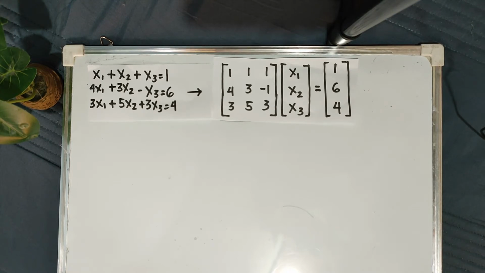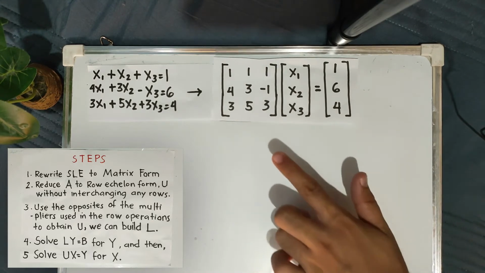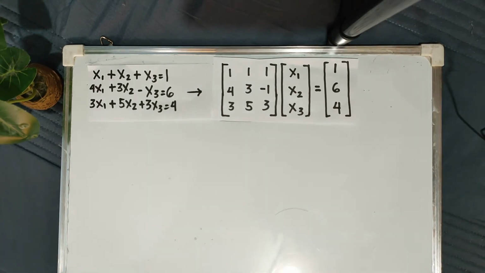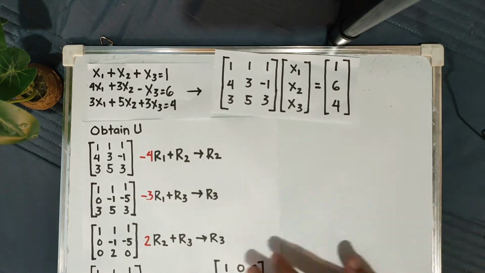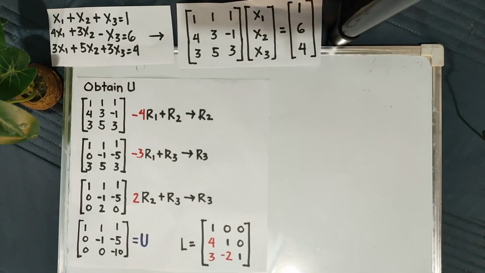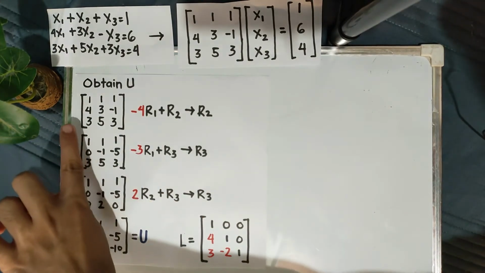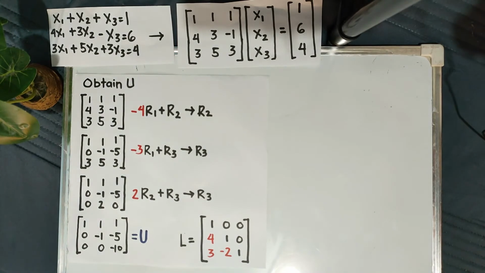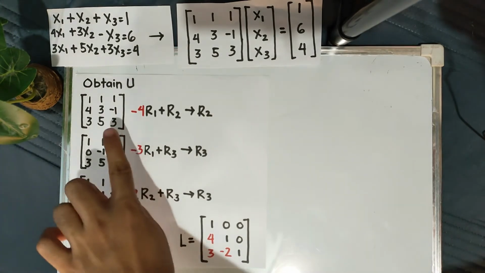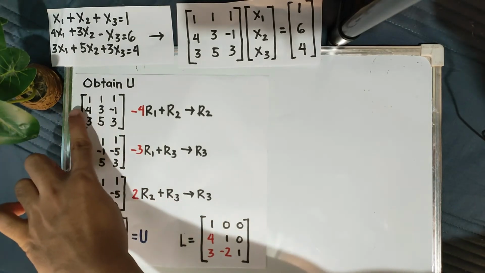Step number 2 is we need to reduce our matrix A to echelon form to find the U. Our goal is to make 4 and 3, 5 equal to 0. Unsa i-multiply na to karon sa row 1, i-plus na to sa row 2 para mahimong 0 si 4.